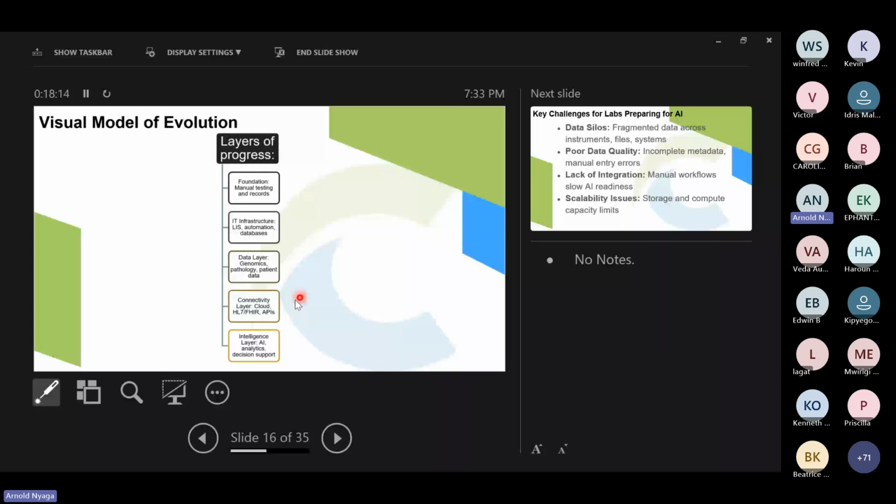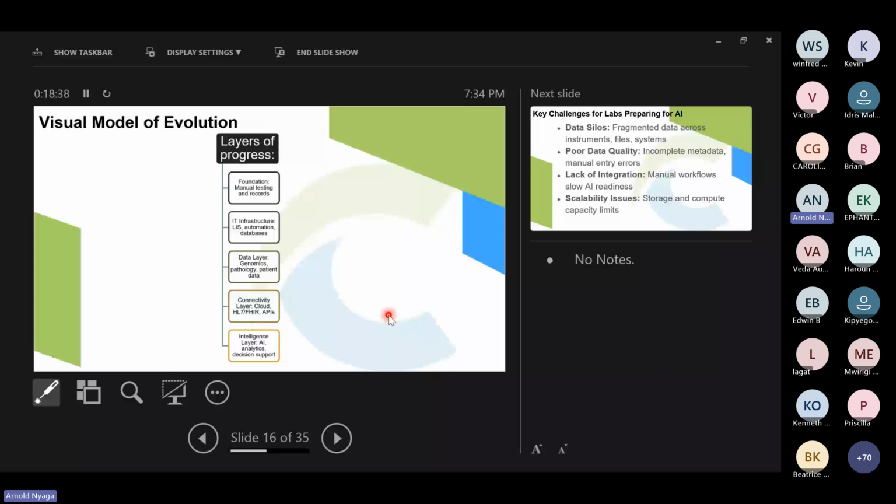Then we are also having connectivity because of cloud computing and APIs. So we are able to get a lot of information. Then we come now to the intelligence layer, whereby we will use artificial intelligence, data analytics, and decision support systems to do issues to do with rule-based.